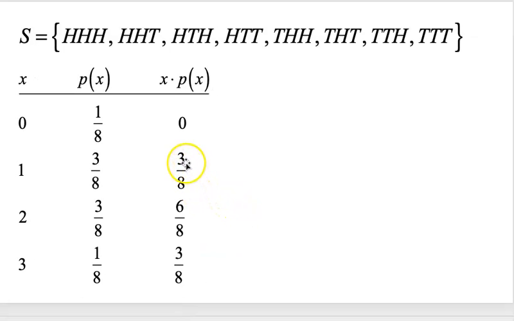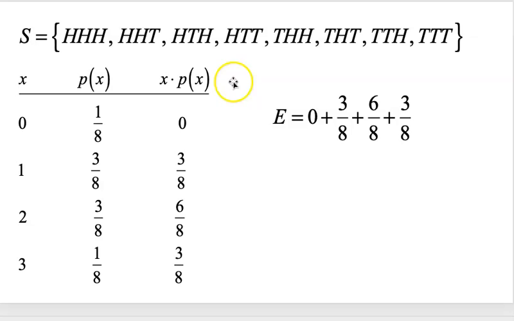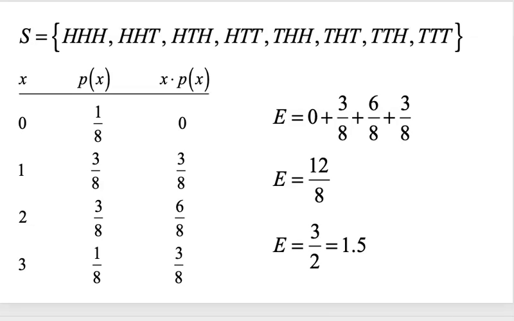And if I add all those together, 3 plus 6 plus 3, 9, 12/8. Yes. Expected value, add up those 4, and we get 12/8. Divide top and bottom by 2, what do we get? 3/2 or 1.5.